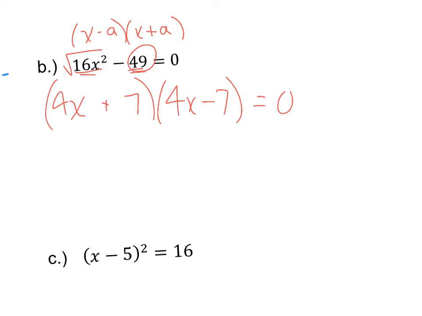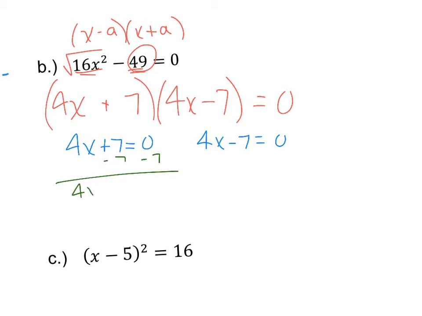Then from here, I have to set each parentheses equal to 0. And I subtract 7 in this case. And I get 4x is equal to negative 7, that when I divide by 4, it's x equals negative 7/4, and you can leave it as an improper fraction.